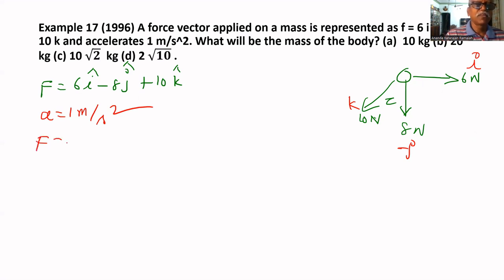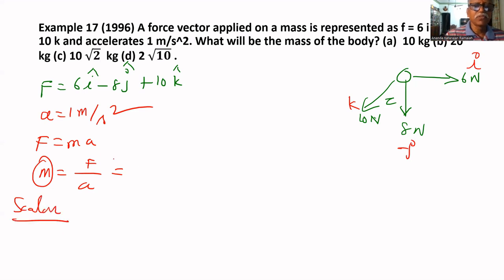We know that F equal to MA. M equal to mass is asked, F divided by A. But mass is scalar. So we cannot use F. Instead, we have to put the modulus of F. Modulus of A. Modulus of M is required. So modulus of F equal to what?